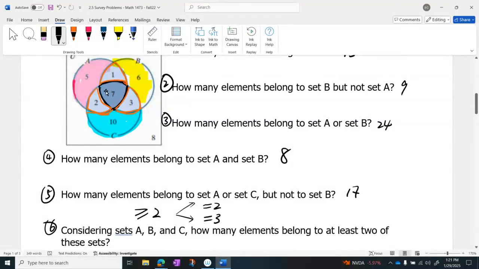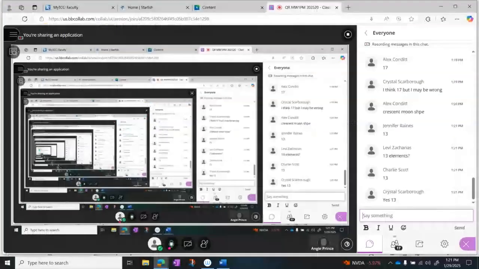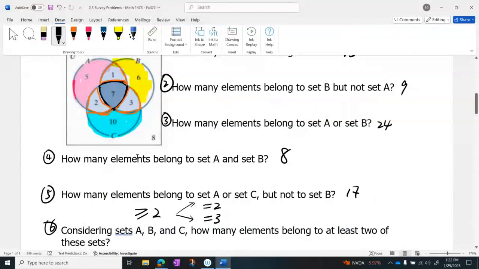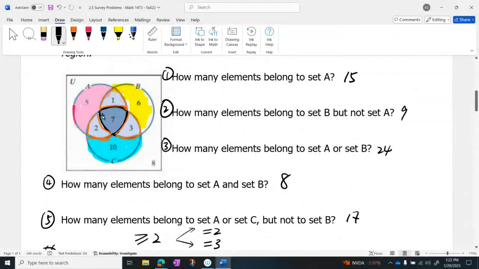And look at our Venn diagram. The 3 petals represent sets of elements belonging to exactly 2 sets.